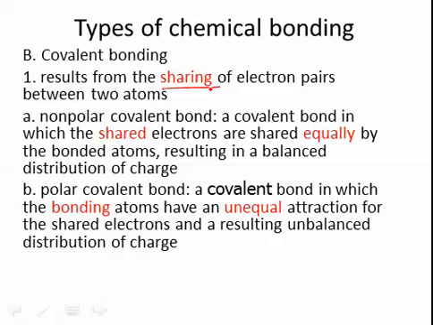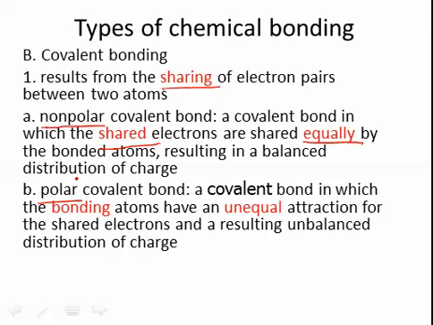So there's two types of sharing. There's what's called a nonpolar covalent bond, and this is a covalent bond in which the shared electrons are shared equally by the atoms in the bond. And then there's what's called a polar covalent bond. So these are the key words here: polar and nonpolar covalent bond.